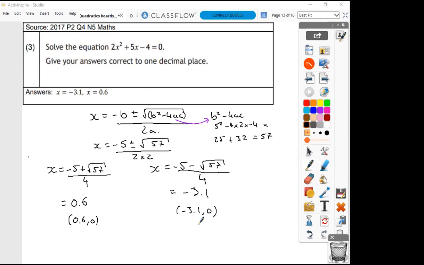So Dylan's asking, are there any common mistakes or things that will catch us out? The mistakes tend to come from not putting the negative signs in correctly. Where you've got that negative b, you sometimes forget to put the negative in or change it.